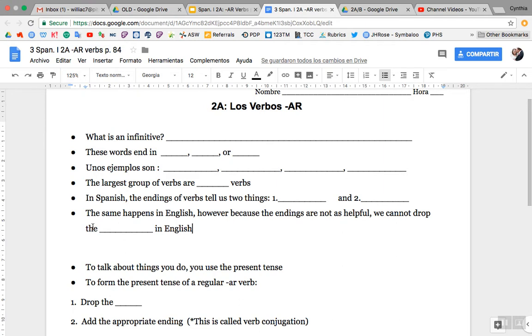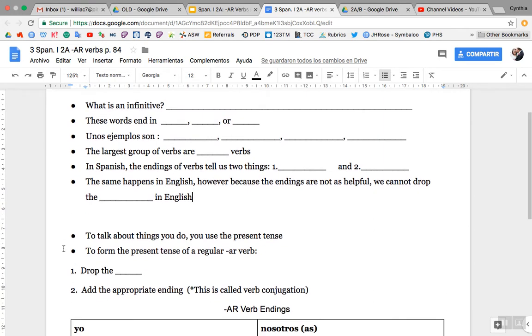The same thing happens in English. However, because these endings are not as helpful, we cannot drop the subject in English. So in English, you have to say, I speak. You have to have I in there to know you're talking about I am the one doing the action. However, in Spanish, you do not, which I'll, of course, explain in a second.